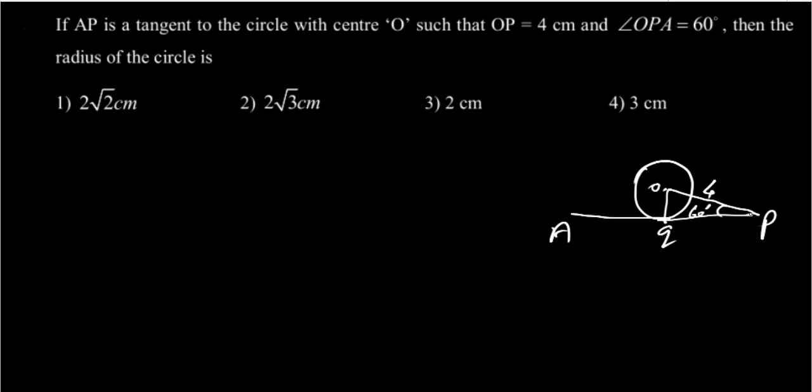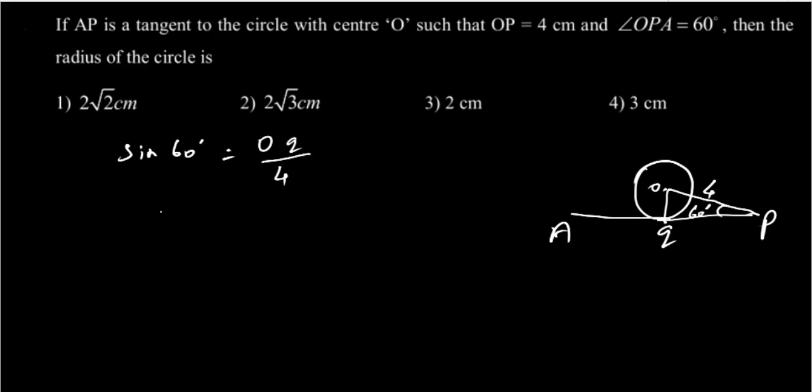So we know one side and one angle, and this is a right angled triangle. We know the hypotenuse and one angle, so instead of tan, we'll take sine 60. Sine 60 degree is opposite side by hypotenuse. Opposite side is OQ divided by hypotenuse, which is 4 centimeter.